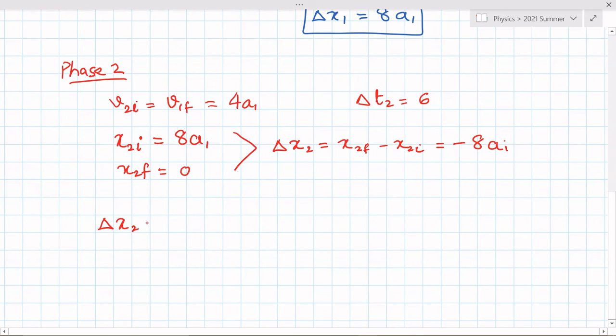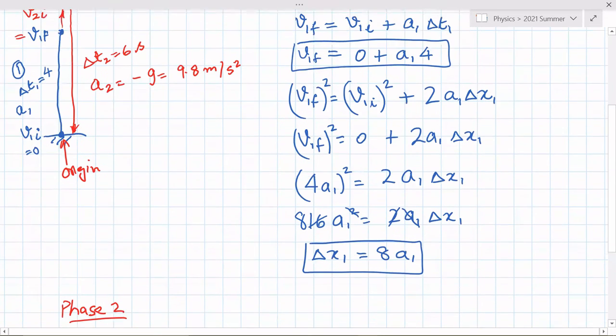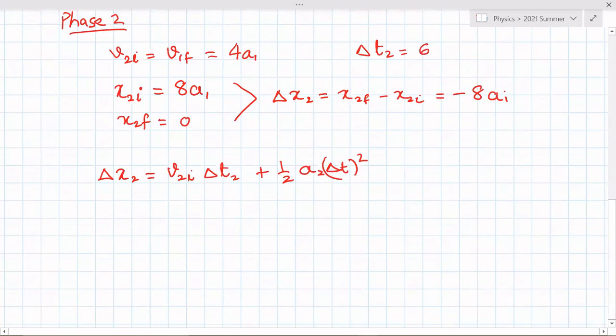Delta x2 equals V2 initial delta t2 plus half A2 delta t squared. This is the other equation of motion we can use. And we know that A2 is negative g pointing downwards. So let's try to plug these in.